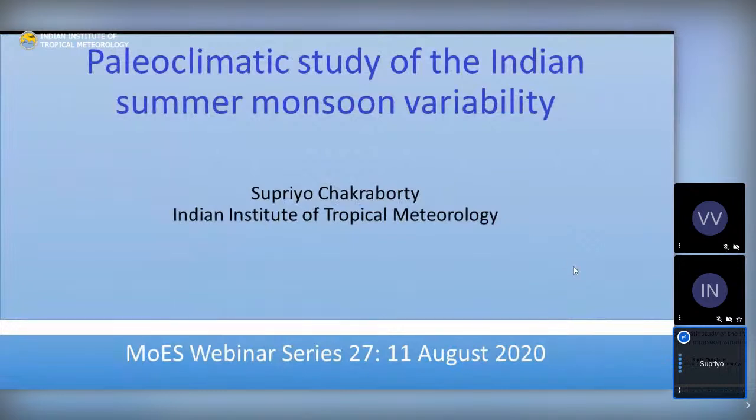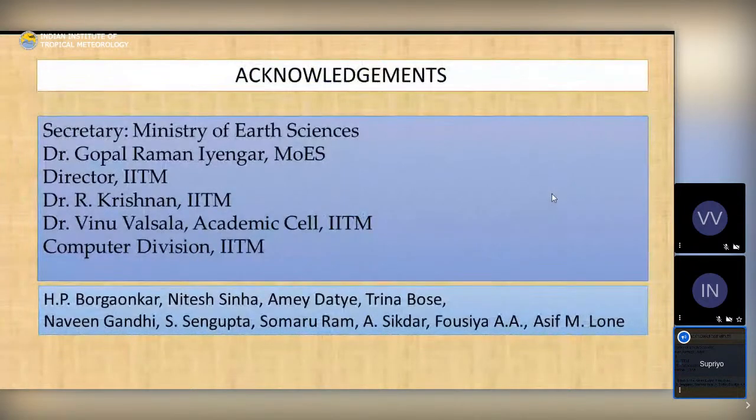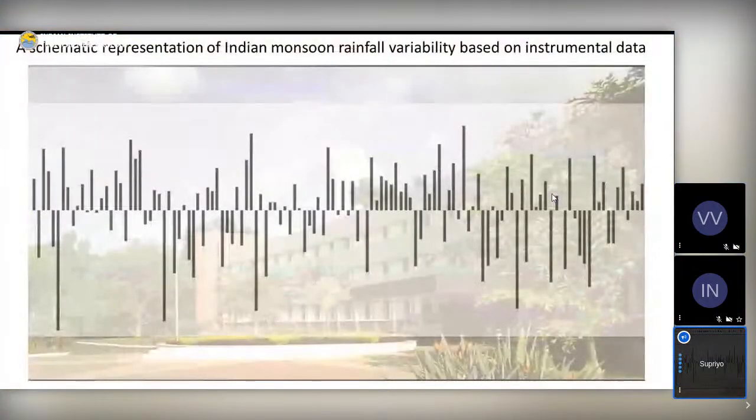So this is the topic of today's lecture, the paleoclimatic study of the Indian summer monsoon variability. This figure shows a schematic representation of Indian monsoon rainfall variability based on the instrumental records, which is available for approximately the last 150 years.